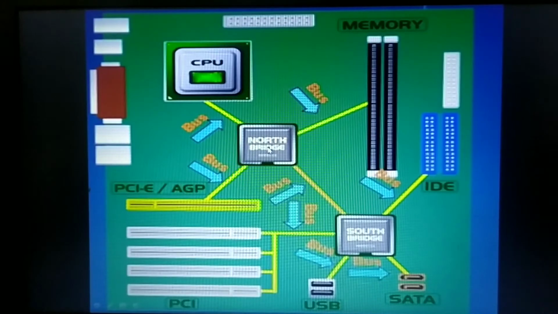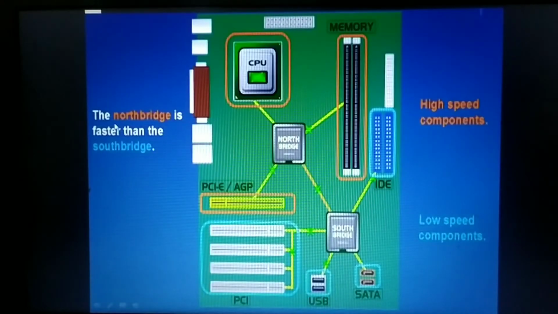It is paired with the other chipset, known as the South Bridge. The North Bridge is mainly responsible for controlling the high speed components like the CPU, RAM and the video card. Why do we refer to these as high speed? Because the North Bridge is faster than the South Bridge and usually handles the high speed components.